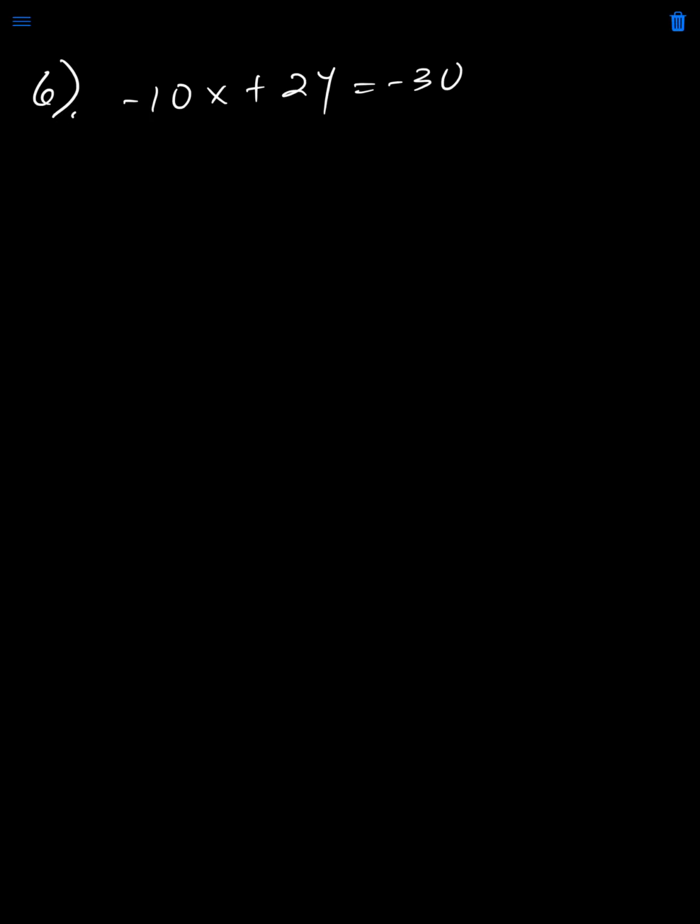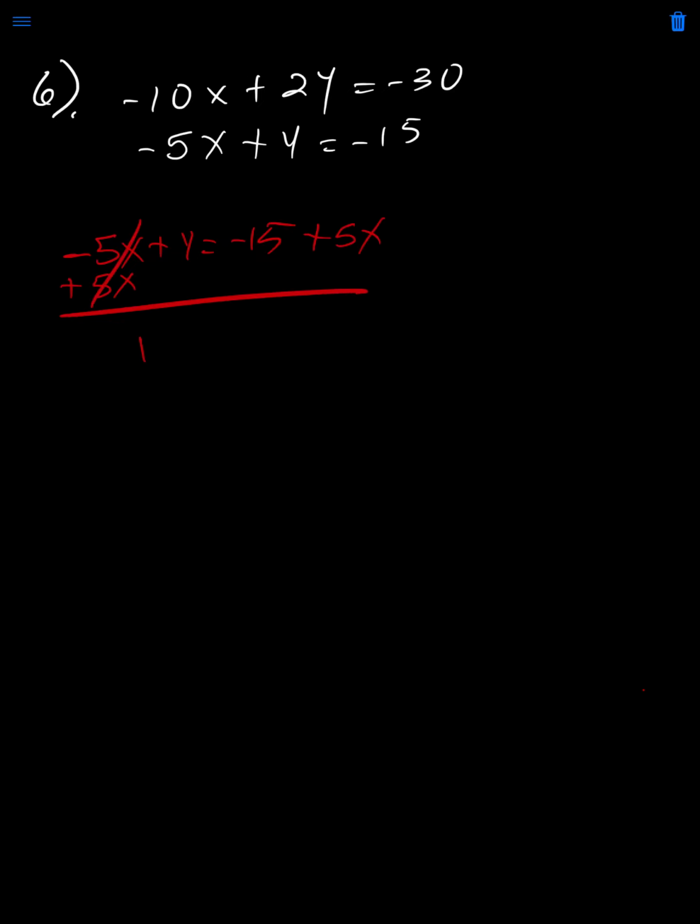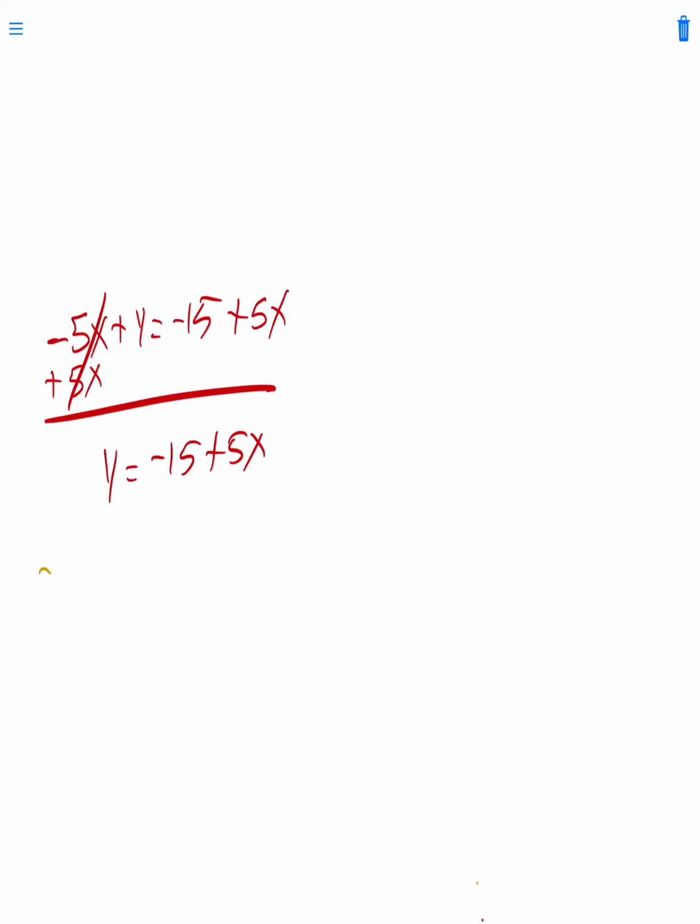On number 6, again by substitution, you have negative 10x plus 2y equals negative 30. Then you have negative 5x plus y equals negative 15. Again, it's easier just to work with the one on the bottom. So I'm going to write it out the way it had. Plus y equals negative 15. I'm going to add 5x to both sides. So y equals negative 15 plus 5x.